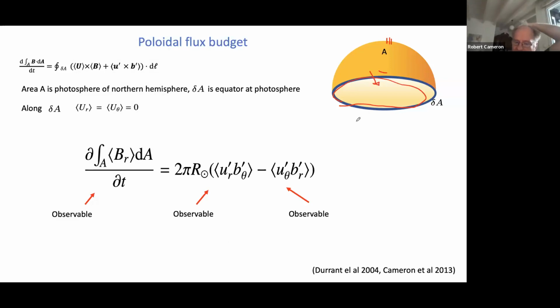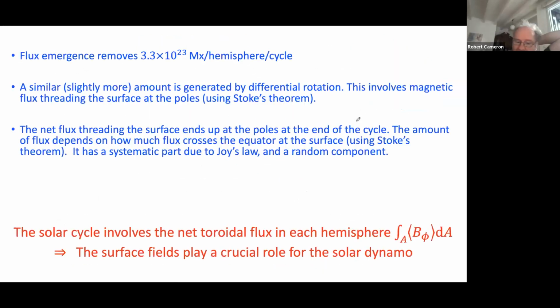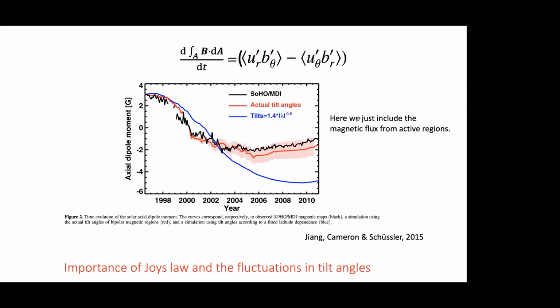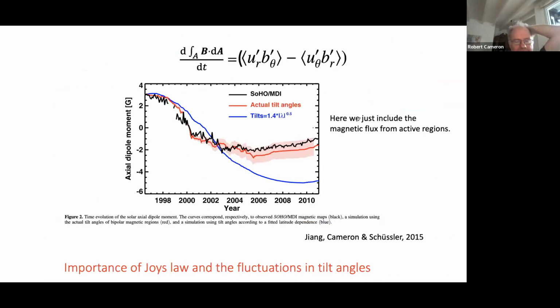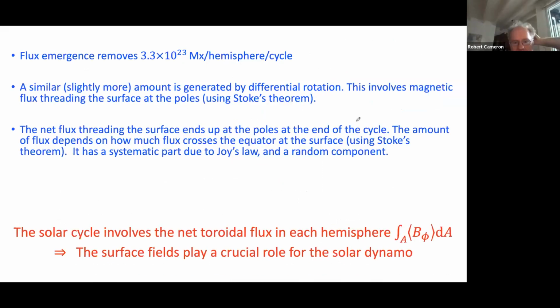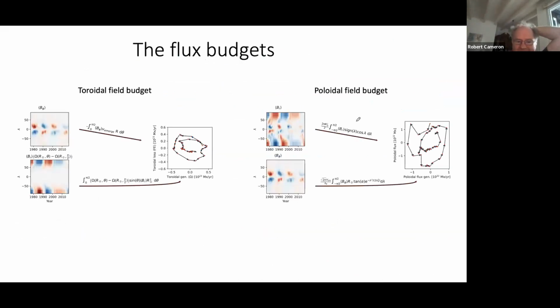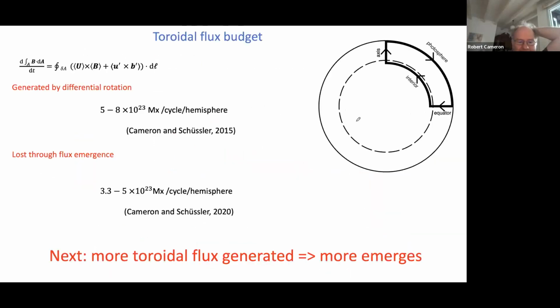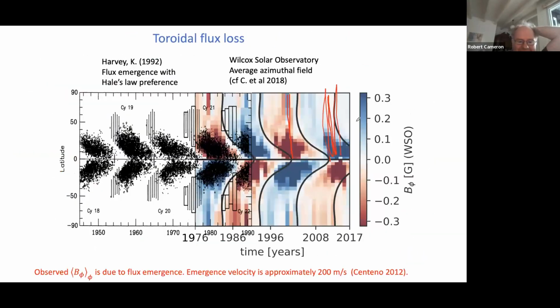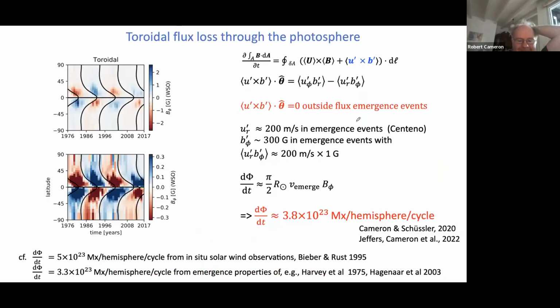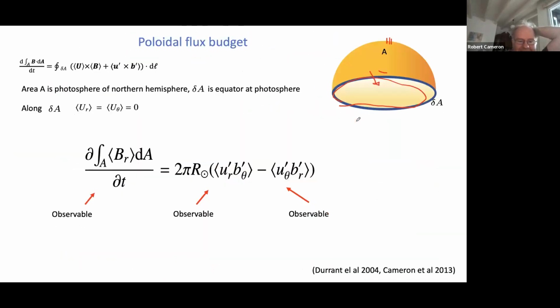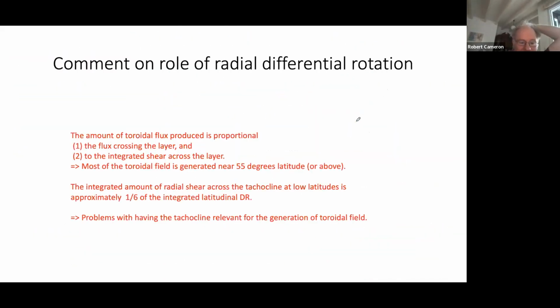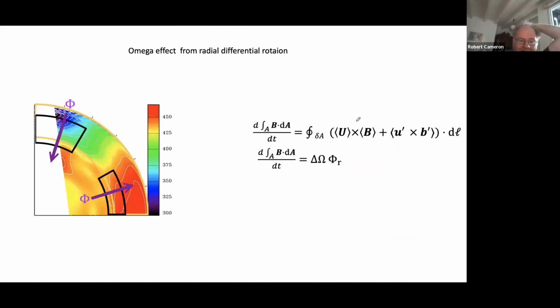Yes. So I've tried to pay attention to the field. Your argument is that you don't quite need Joyce law, sure. Joyce law is a subtle thing. Even on the sun, it's a small difference, it's a small tilt angle, and so it's difficult to measure.